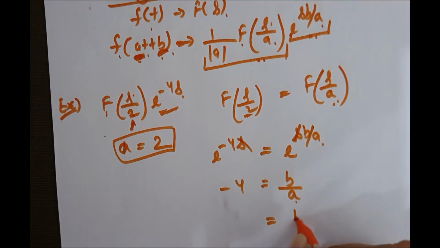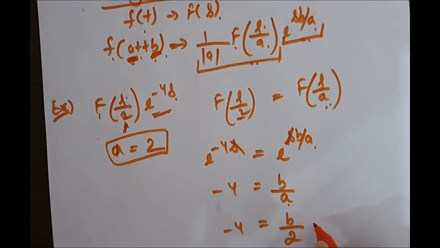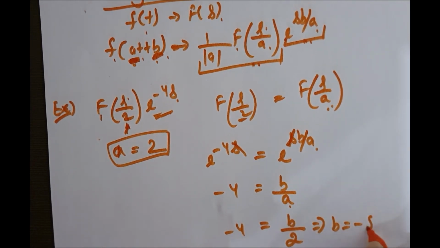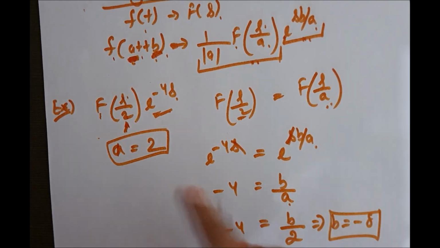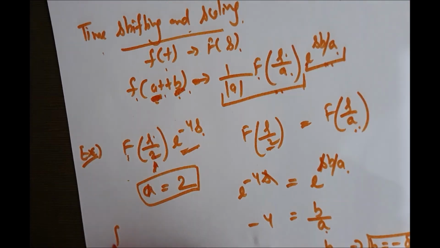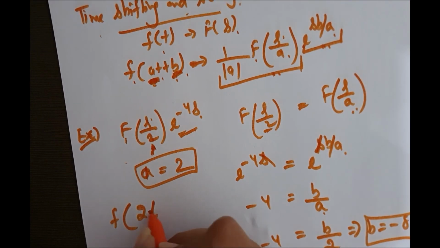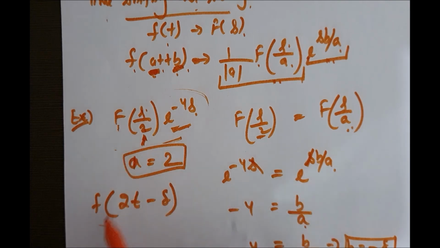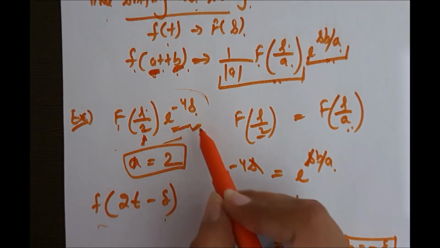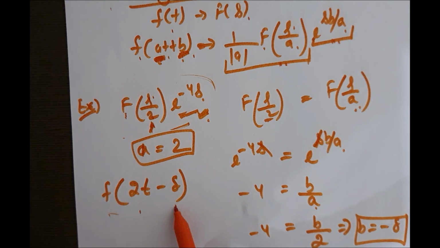A is 2, put in the value, and b comes out to be minus 8. Now we have calculated a and b, put them here. Now this comes out to be the time domain function of this Laplace domain function using the shifting and scaling property.